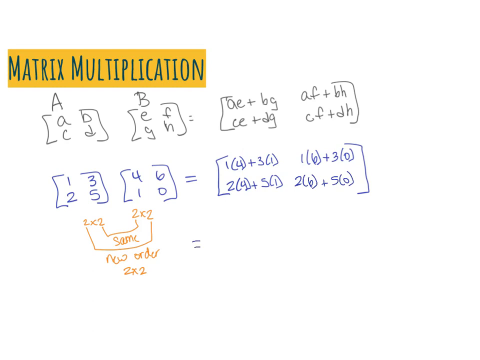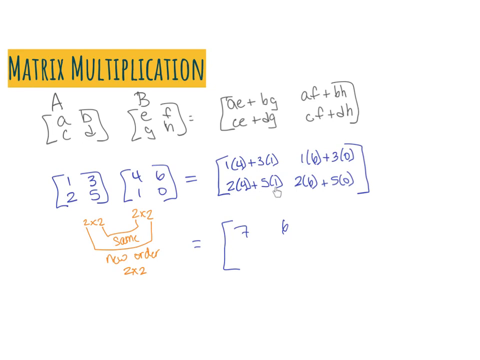Now we can just do some computation and simplify this down. If you need to, you can write it out step by step, or we can try and do it together as one. So 1 times 4 is 4, 3 times 1 is 3, 4 plus 3 is 7. My row 1, column 2: 6 times 1 is 6, plus 3 times 0 is 0, which is going to give me 6.